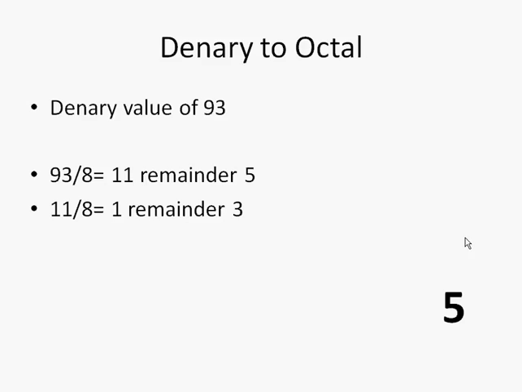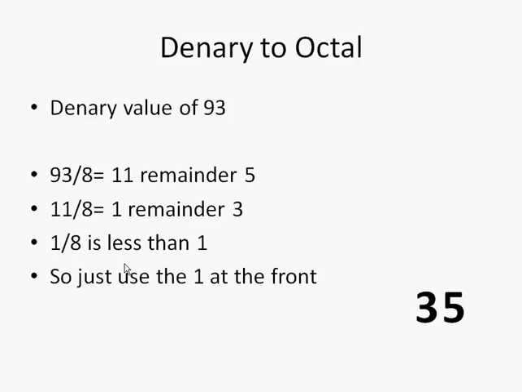Then we do the first value divided by 8 again, and we get 1 remainder 3. So we use the 3 as part of our octal value as well. When we do 1 divided by 8, we actually get a number that is less than 1. And when we do that, it means that you use the number that you divided by 8 for the last time. So we use that at the front. So 93 in octal is 135.